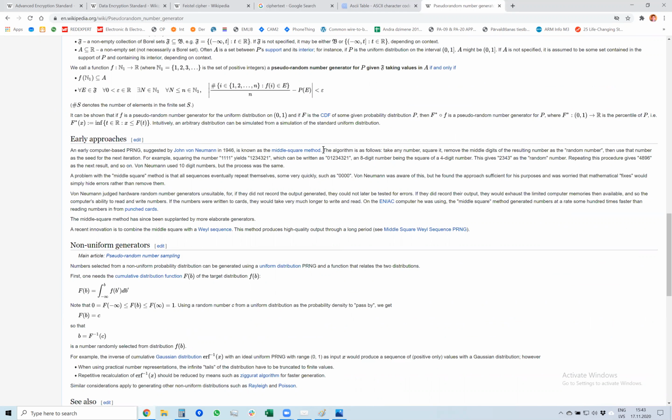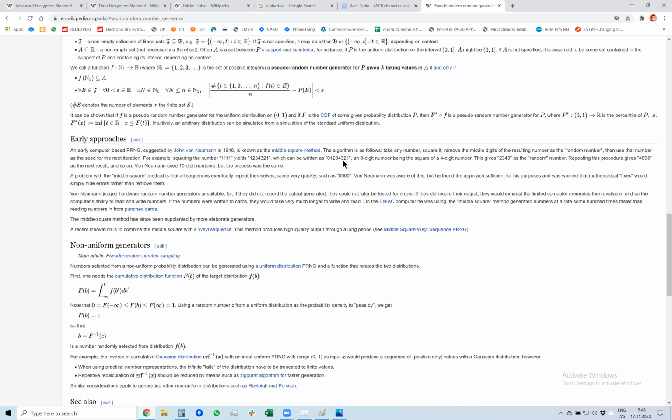And here is the description of the first very simple pseudo-random number generator algorithm. Take any number, square it, remove the middle digits of the resulting number as the random number. Then use that number as the seed for the next iteration. For example, squaring number 111 yields this.